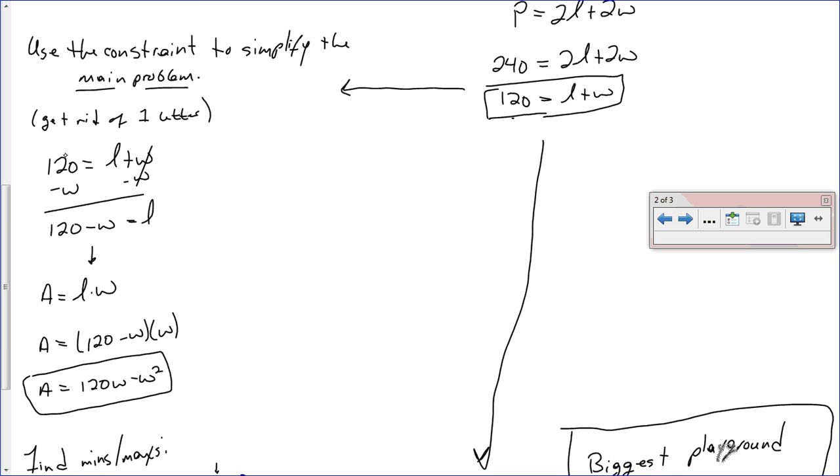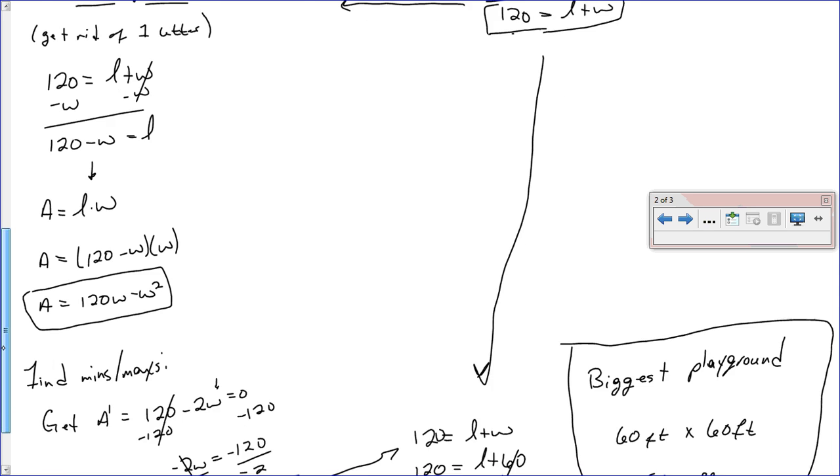We solved the 120 equals L plus W for L. That way, we could substitute it into our area equation and get rid of a variable. When we substituted it in, we got 120 minus W times W. So our area, in terms of our constraint equation, equals 120W minus W squared.